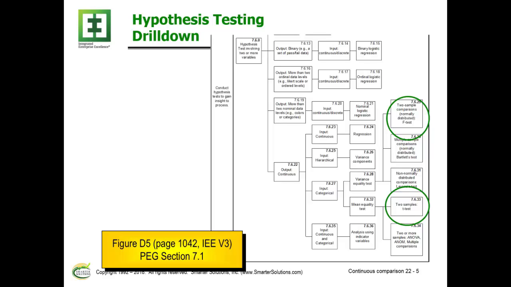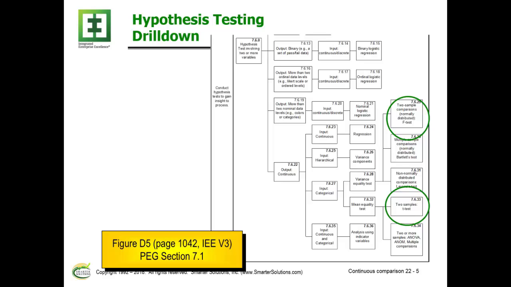Notice what we have here on 7.6.0: we're doing hypothesis testing. We've got two or more variables. That goes down to 7.6.22, where the output is continuous. If we follow the lower tree, we look at input as categorical, so we could have machines and so on.